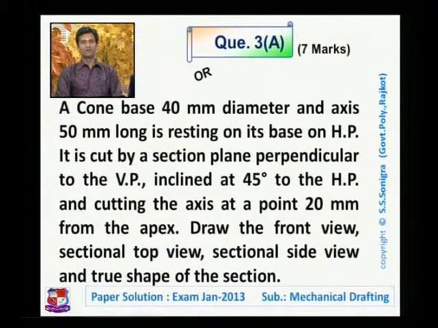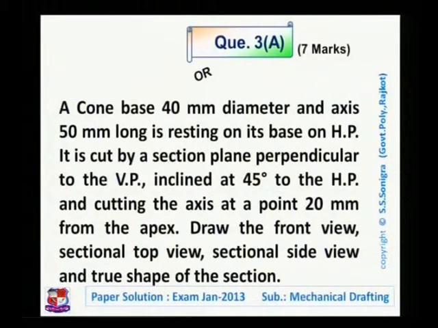So the section plane would appear as a line in the front view which makes an angle of 45 degrees with the XY line, and it cuts the axis at a point 20 mm from the apex. So from the apex we have to mark a point at a distance of 20 mm, and from that point we have to draw a line which makes an angle of 45 degrees with the XY line.